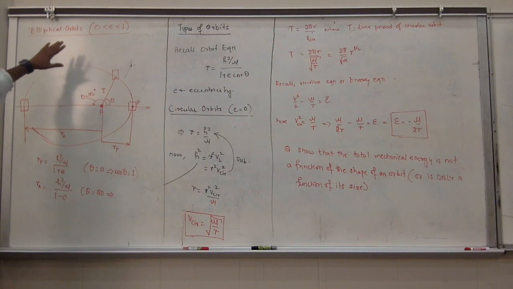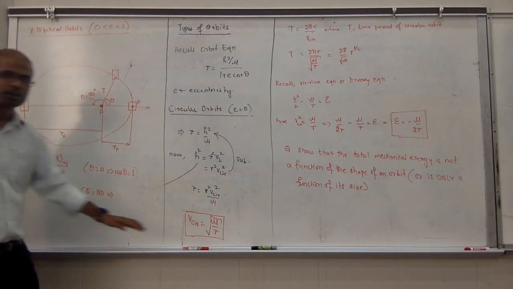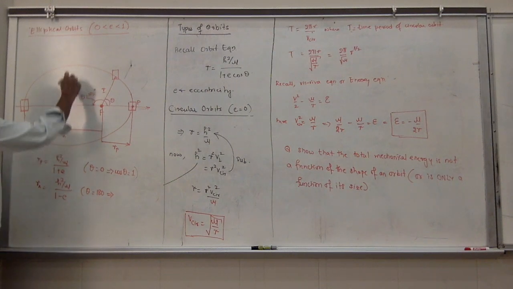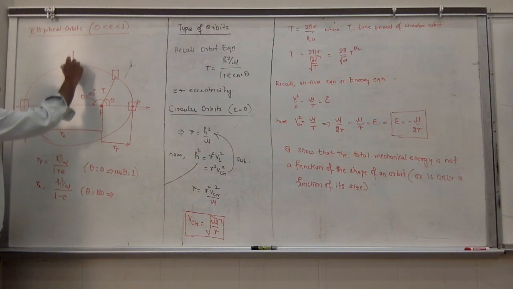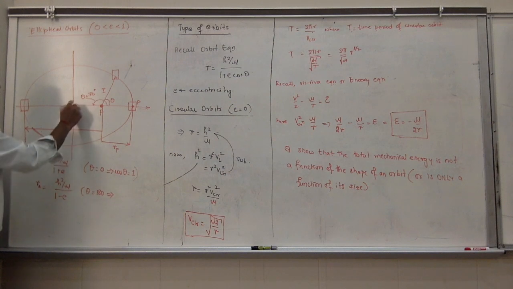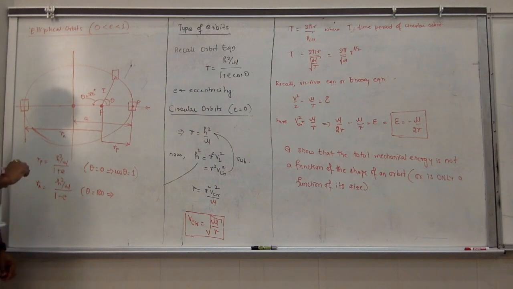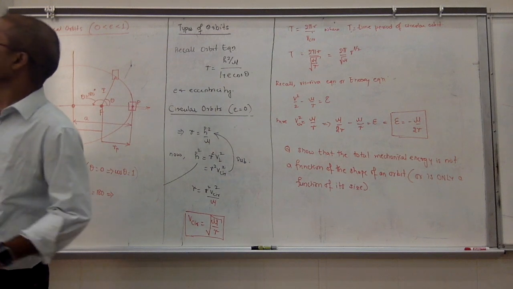So what is the semi-major axis here? Can you tell me the semi-major axis? It is this distance. This is A, right? The semi-major axis. AE is different.